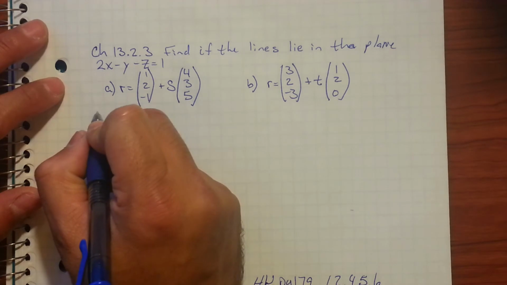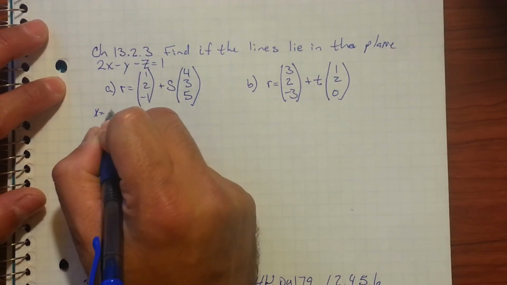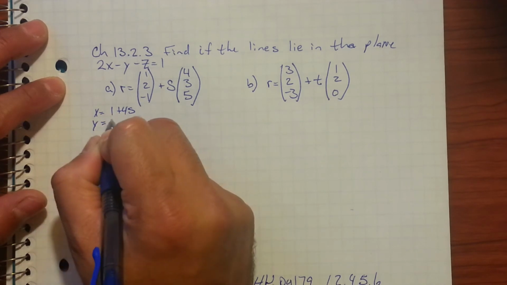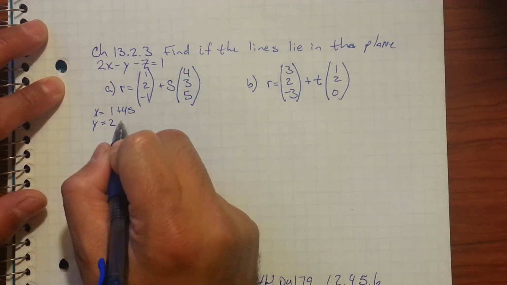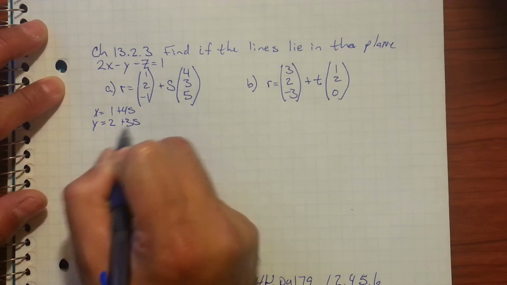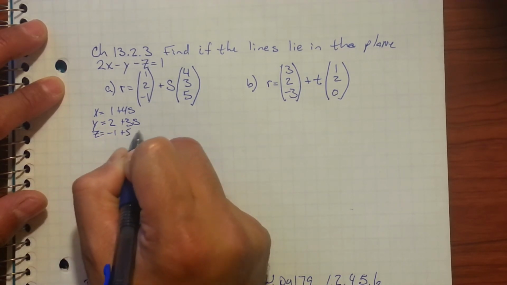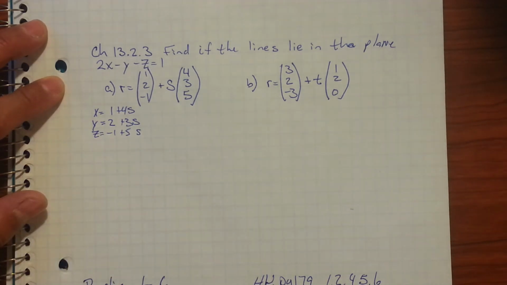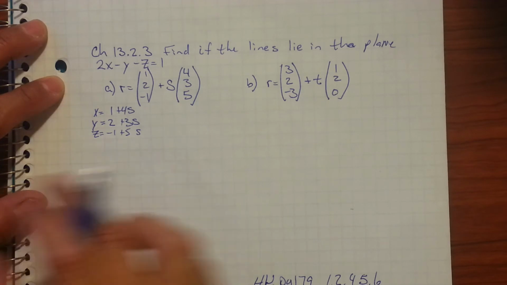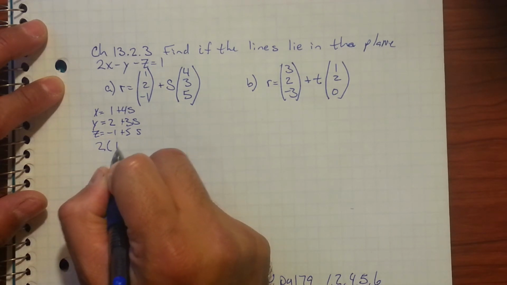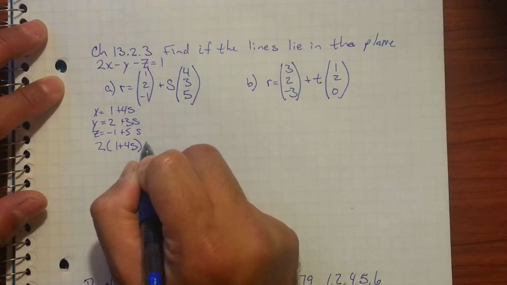So let's go ahead. I have x equals 1 plus 4s, y is equal to 2 plus 3s, z is equal to negative 1 plus 5s. So now for that one right there, let's go ahead and plug that into my equation, which is going to be 2 times my 1 plus 4s.